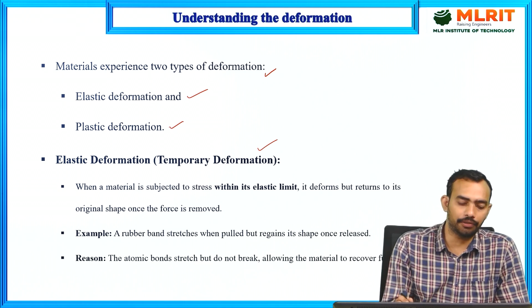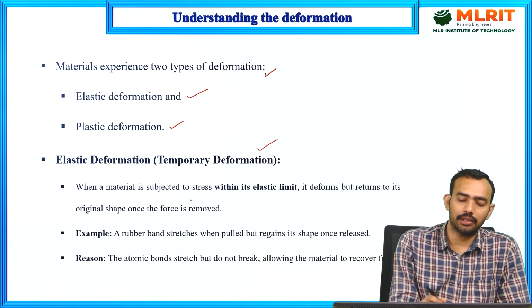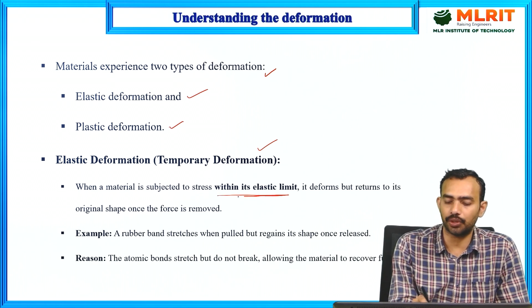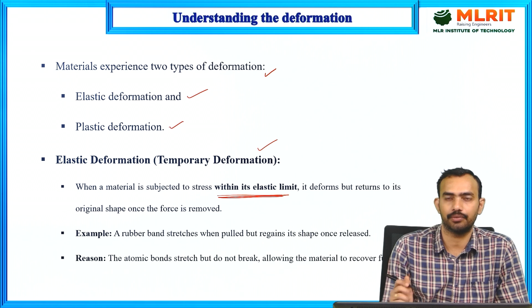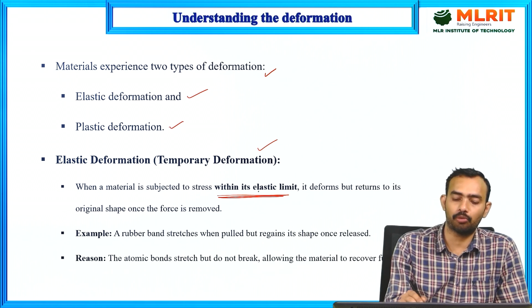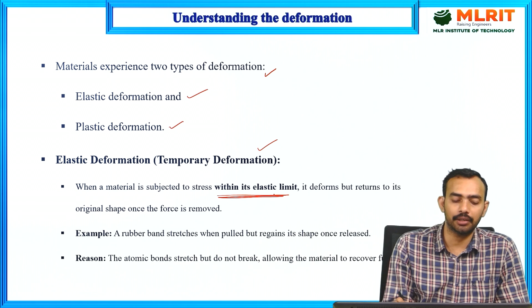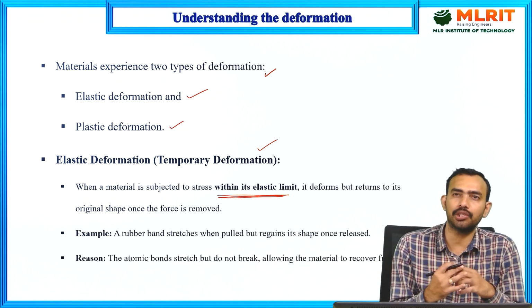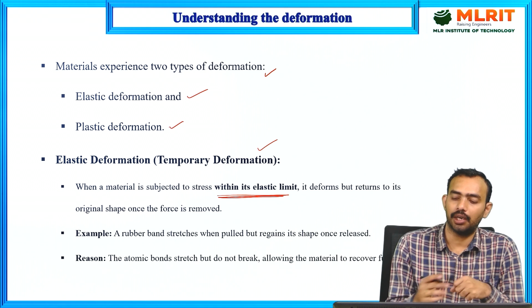So how do you define it? When a material is subjected to stress that is very much within its elastic limits. In the strength of materials subject, we know what this elastic limit is. When the material is subjected to an external stress within the elastic limits, it deforms.